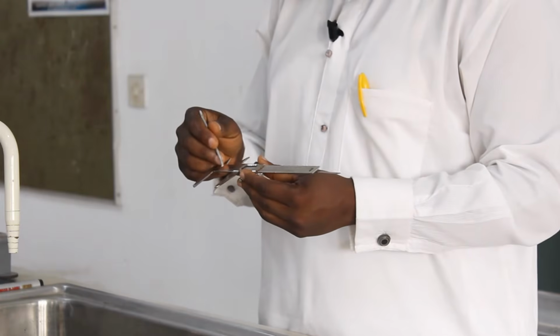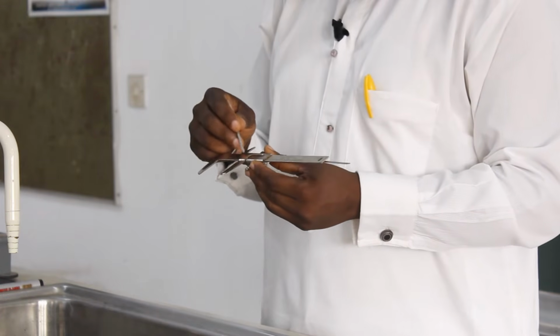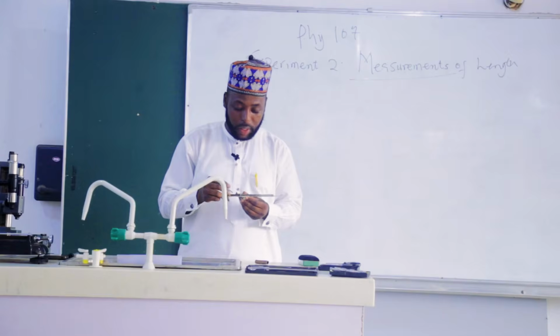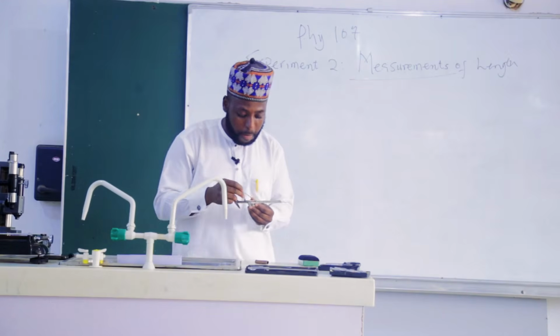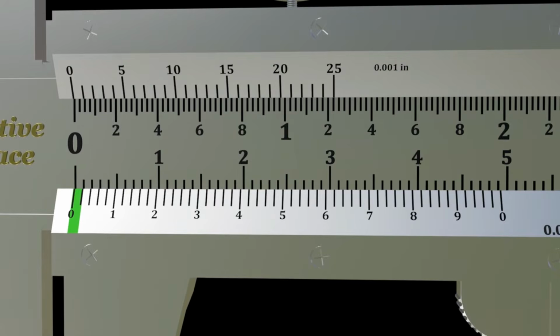Now that we know the smallest scale, we need to go to the vernier scale. The vernier scale has some markings and is just a division of the 0.1, which is the smallest value that can be taken on the main scale.